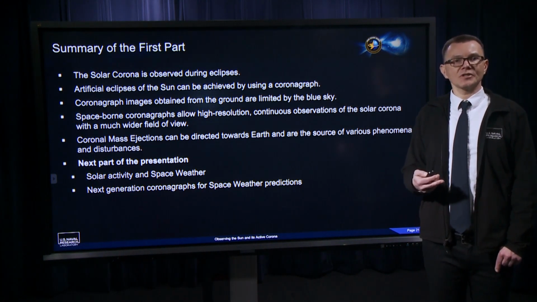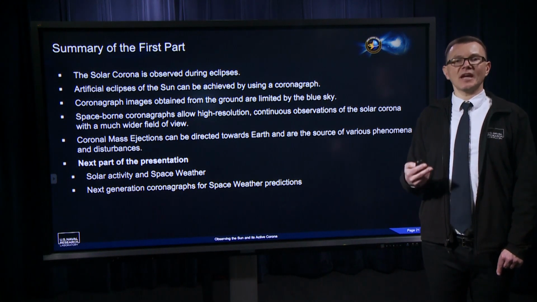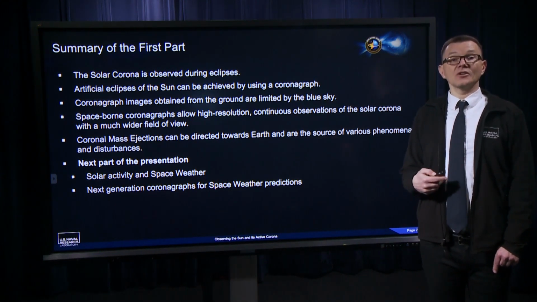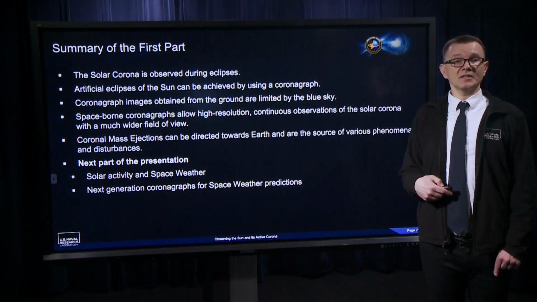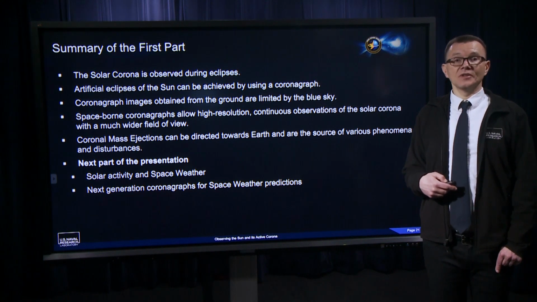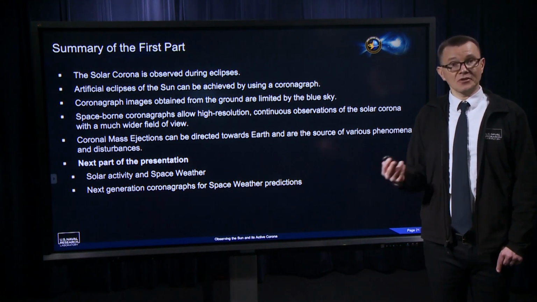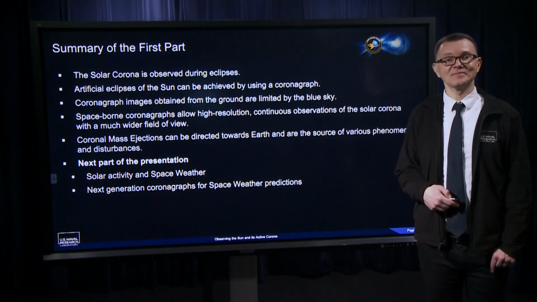Coronal mass ejections are transient magnetic structures that can be directed towards Earth and are the source of various phenomena and disturbances. This is what my colleague Dr. Damien Chua will address in the next part of this video. Thank you for your attention and stay tuned.